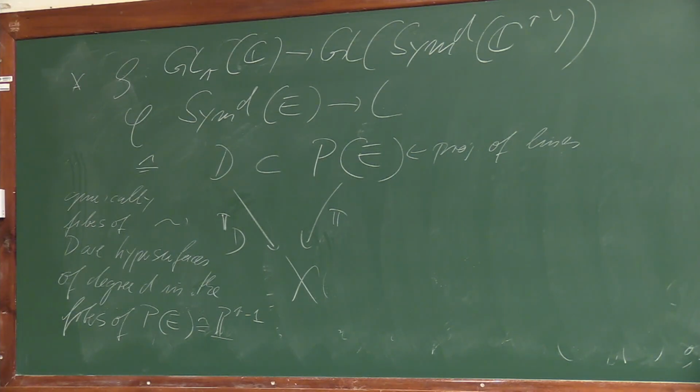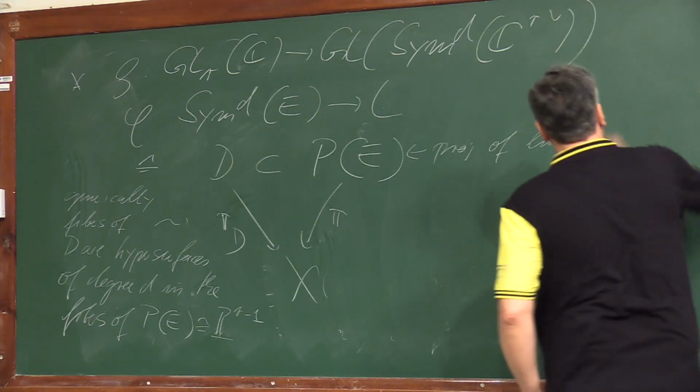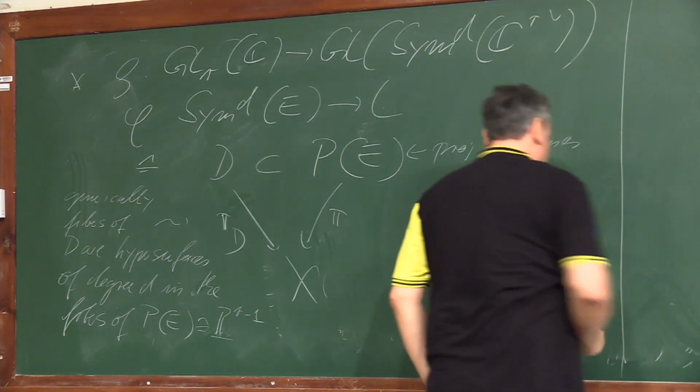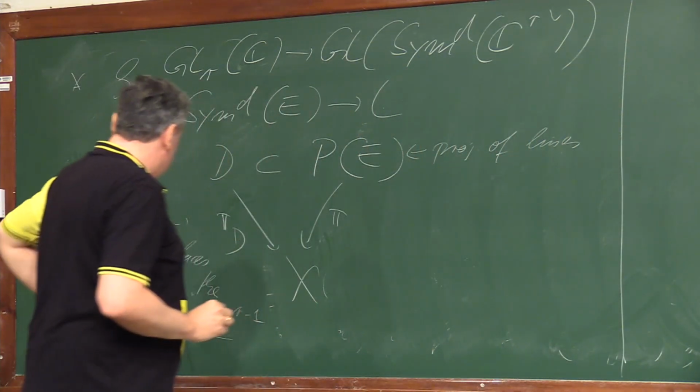And then a coherent system is just a linear series or linear system of such objects. So something very geometric again, and somehow in line with classical questions.